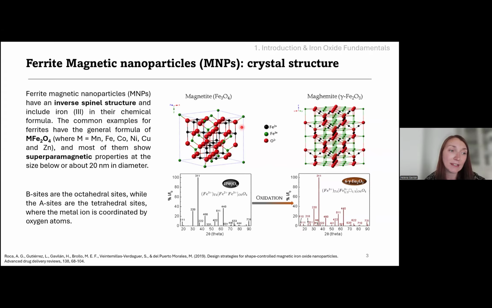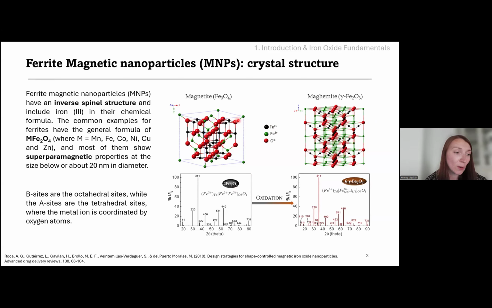So we have the tetrahedral sites occupied by iron 3 ions, and octahedral sites occupied by an equal mixture of iron 2 and iron 3, okay? And so in a single unit cell, we would have 8 iron 3, 8 iron 2, and 8 iron 3 in the octahedral, and 32 oxygens.